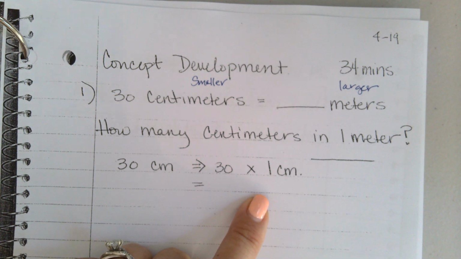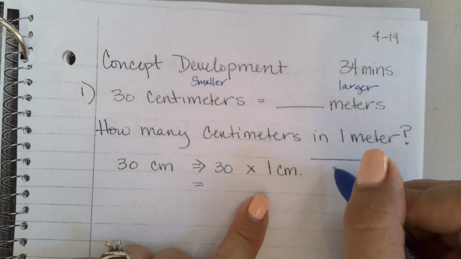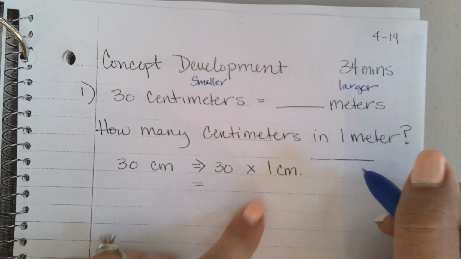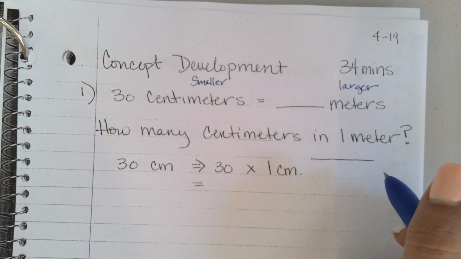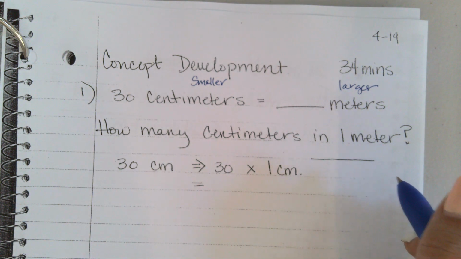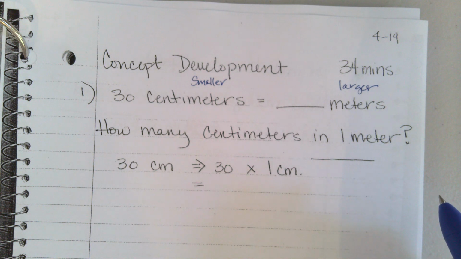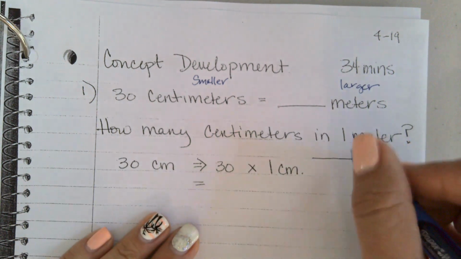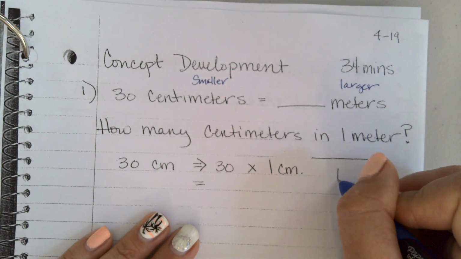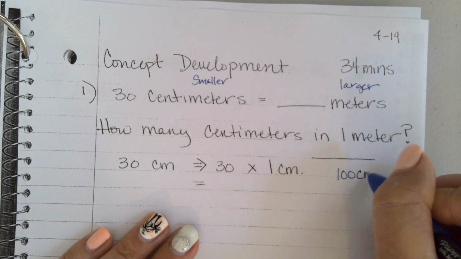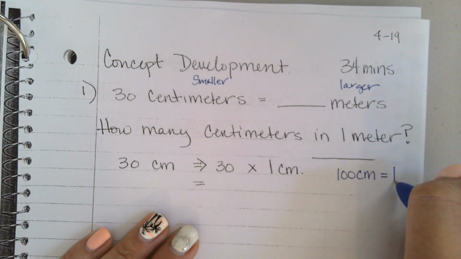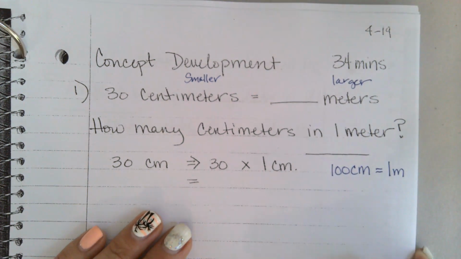Well, it takes 100 centimeters to make 1 meter, right? So 1 centimeter would be 1/100th of a meter, right? So let me write this right here. 100 centimeters is equal to 1 meter, right?